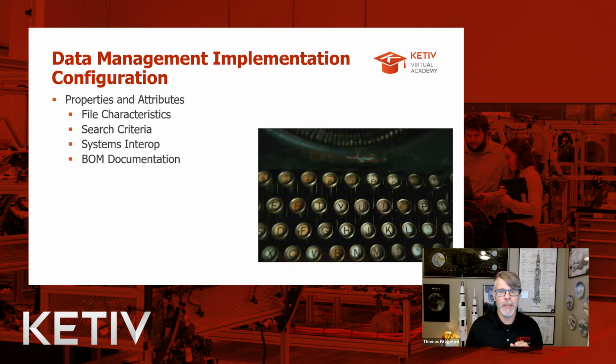If that information is being stored in a CRM or an ERP system, but we need to capture some of that, we need to make sure that we're understanding it within our data management application. That way, if we have to interact or interop with those systems, we understand what those property names and attributes are, so we're synchronizing and passing that information appropriately, okay? So the systems that we interop with could also dictate the types of properties that we have, the names of those properties, and how we're leveraging those properties.